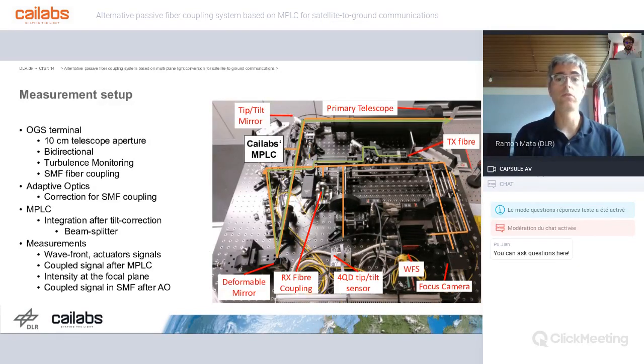And then part of the light goes forward to the deformable mirror, and then toward the system with the four-quadrant detector, also with the focus camera, wavefront sensor, and so on. And the green line, as you see here, is used for the uplink, so for transmitting up, and to keep the system, so the link, aligned.